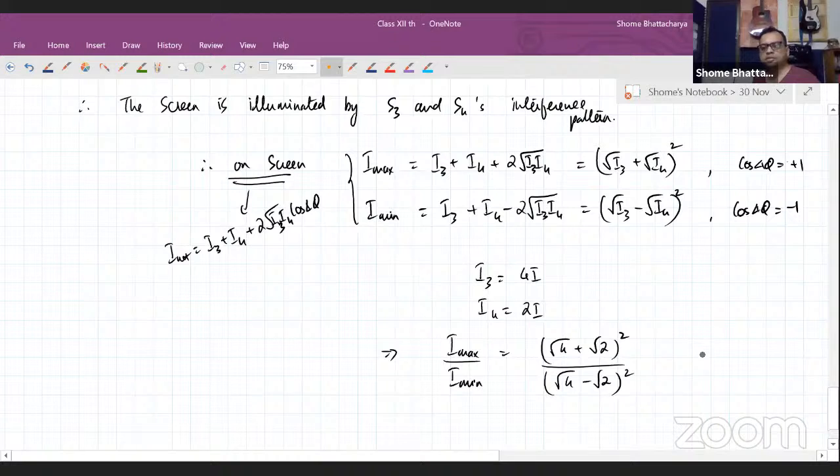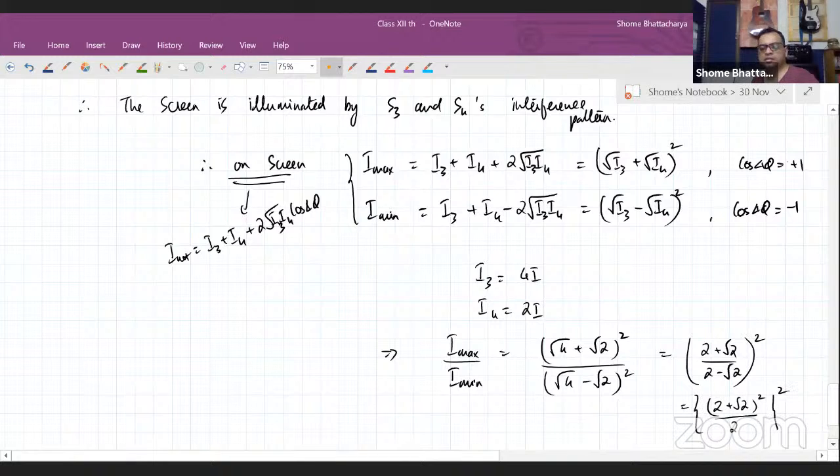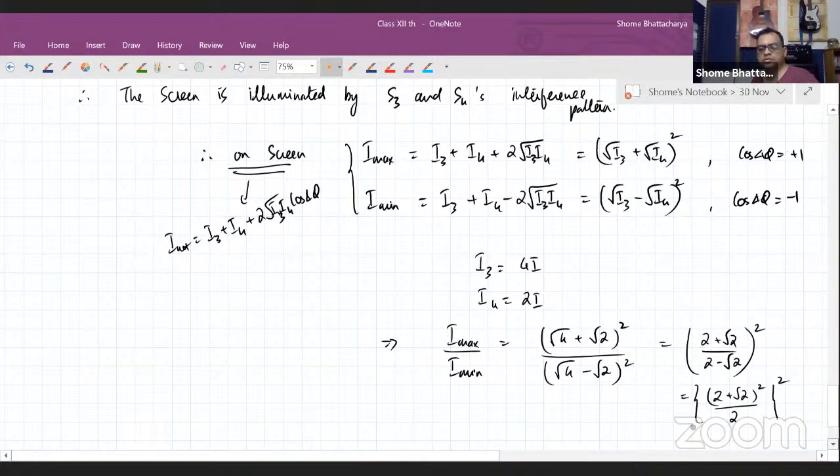So it is going to be like this. Okay. And rationalize the denominator, and anyhow you can just do this calculation.